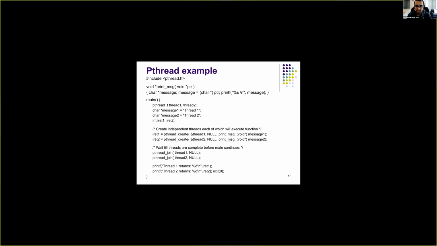So basically now in this case, once we call pthread_create, everything is a thread. There is a main thread and there are two children threads created by the main thread. So now pthread_join will cause the main thread to wait for the completion of thread 1. Similarly, the second pthread_join will wait for thread 2. And finally, the main thread ends by printing thread 1 returns and thread 2 returns.